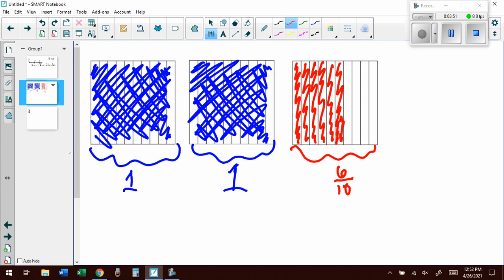Here I have 1 plus 1 equals 2, plus 6 tenths equals 2 and 6 tenths, or in decimal form, 2 decimal point 6 tenths.